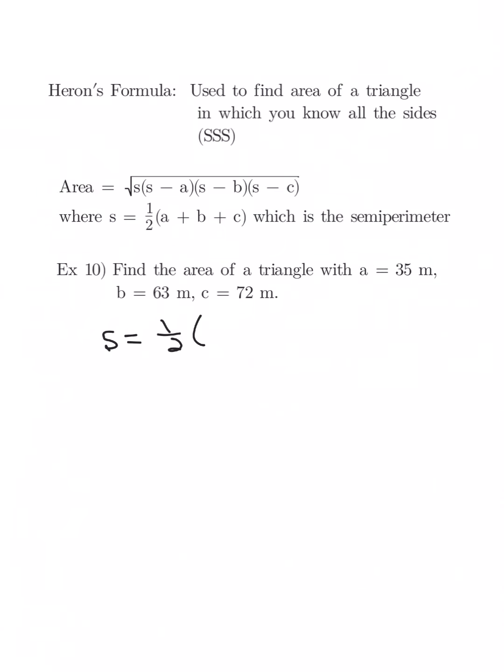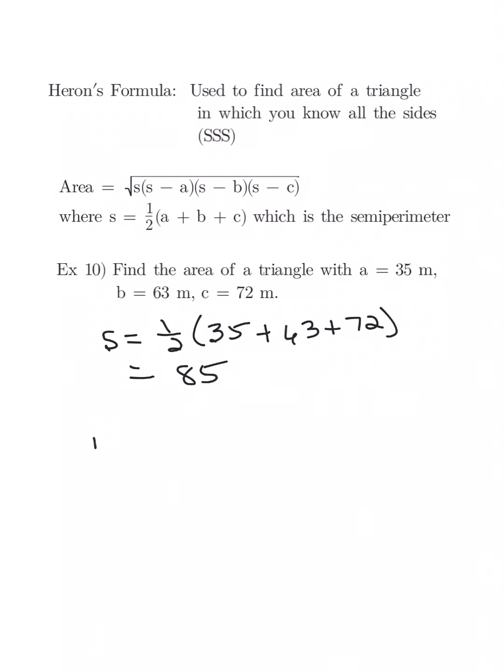We're doing half of the perimeter. That's why it's called semi-perimeter. So we're going to do 35 plus 63 plus 72. Taking 1/2 of that sum, you should get 85. Make sure that your S is bigger than all 3 of your side lengths. If it is not, then you know you have a mistake and you need to go fix that first.